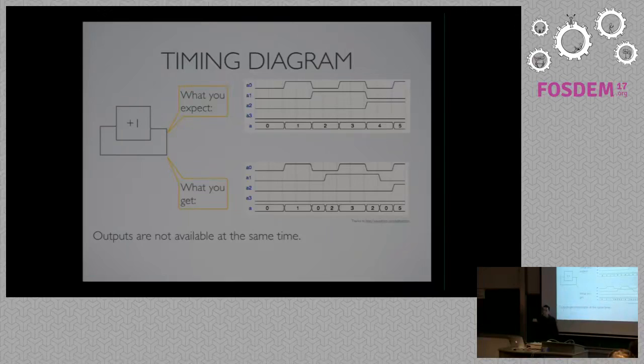And if there's a loop, it will drift more and more. For example, the output of A2 will be available much later. Because of that, you will have wrong outputs at many times, so you don't know where the correct output is.